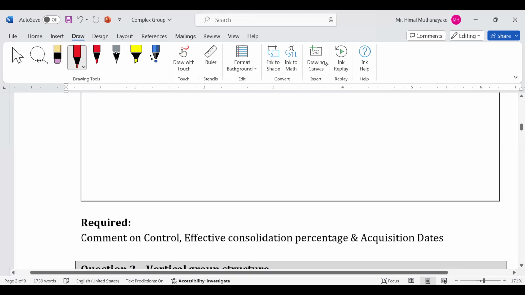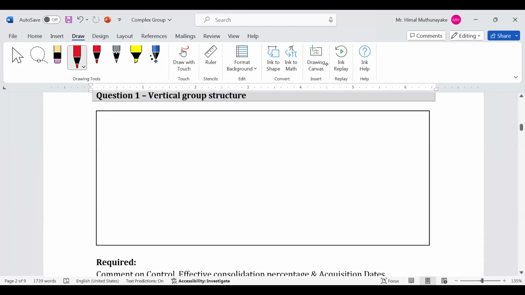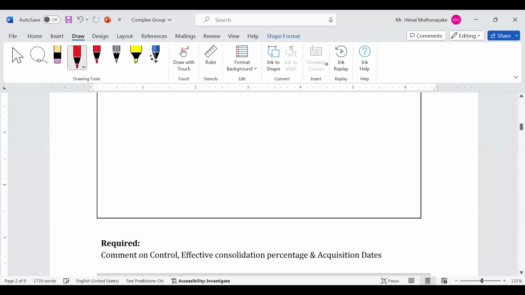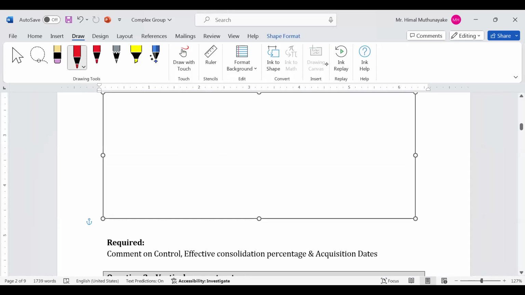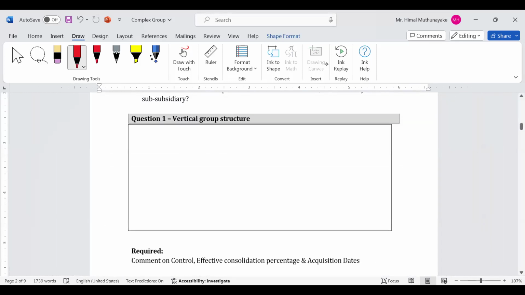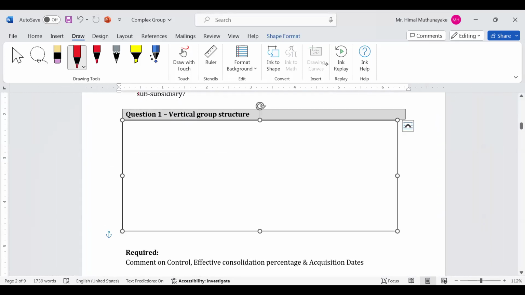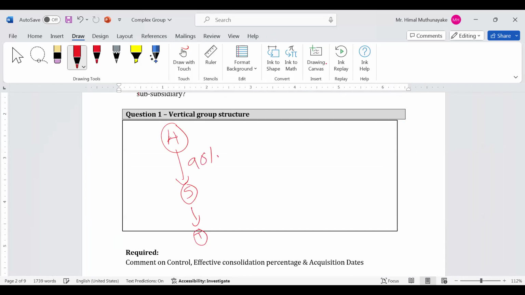Okay. So here the requirement is to comment on the control, effective consolidation percentage and the acquisition date, right? So I will draw the question here. I have H, S and T. For H, I have 80%, which is acquired.